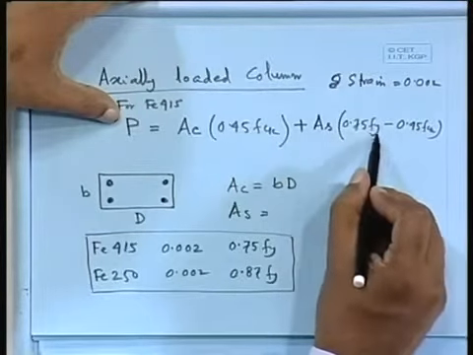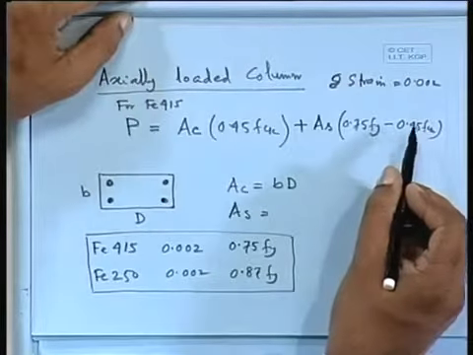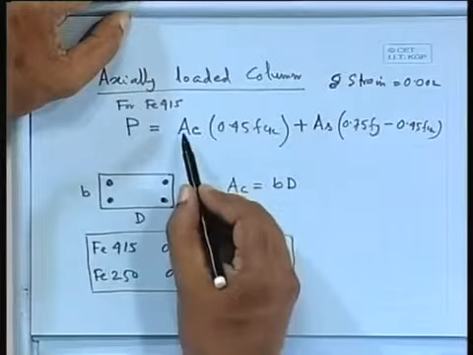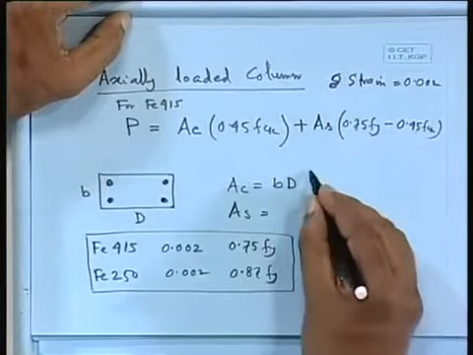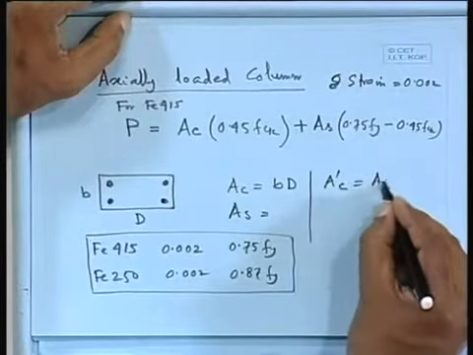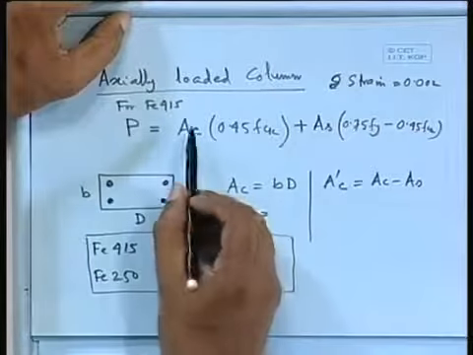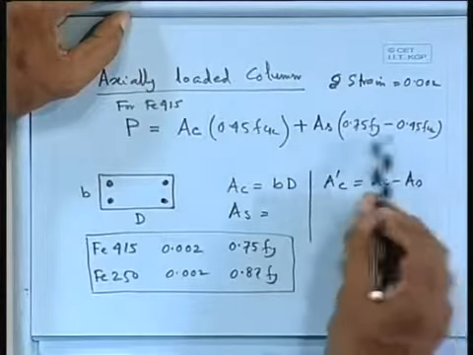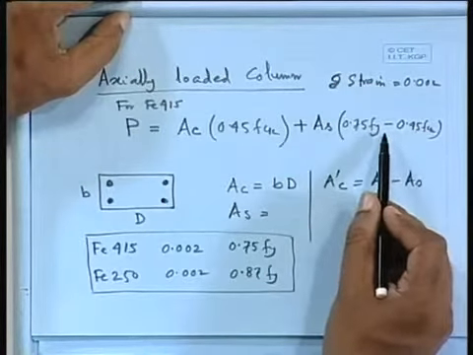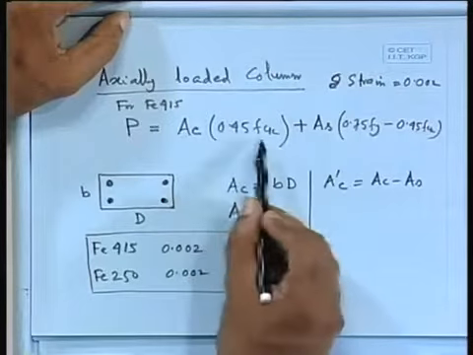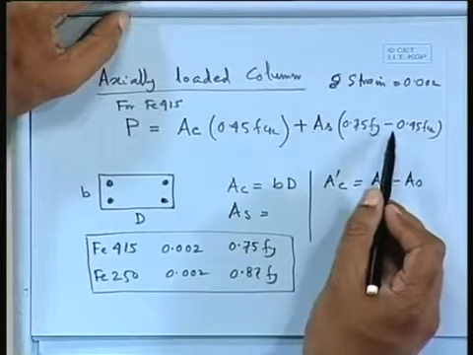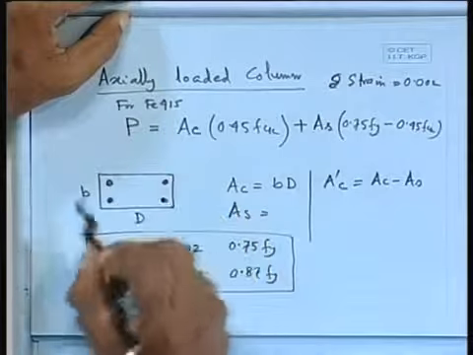Area of steel times 0.75 FOI minus 0.45 FCK, because we have already taken that for concrete. Either you can do it like this, A dash C equal to AC minus AS, in which case I need not subtract it here. But in the other way, P equals AC times 0.45 FCK plus AS times 0.75 FOI minus 0.45 FCK for Fe415. Okay.